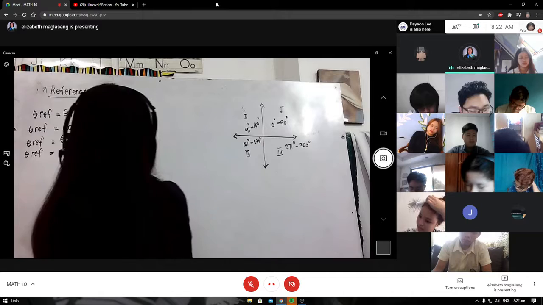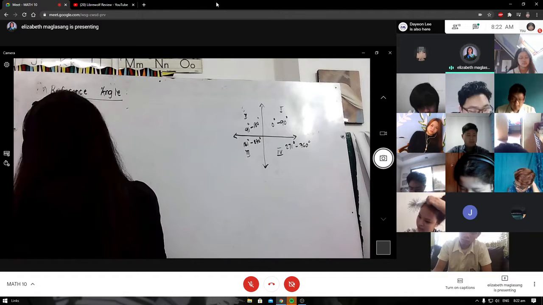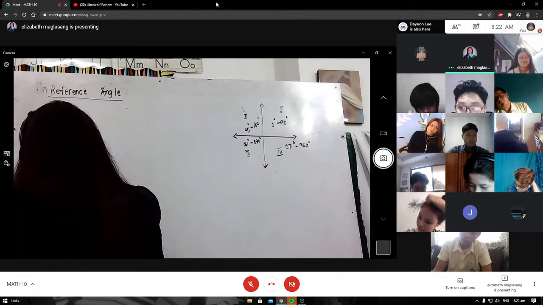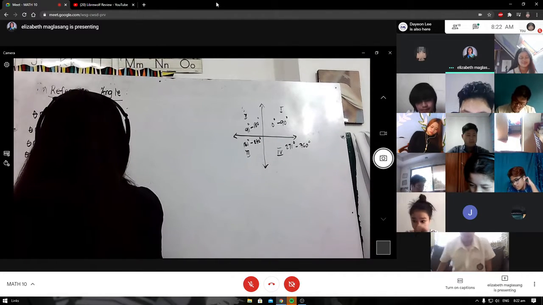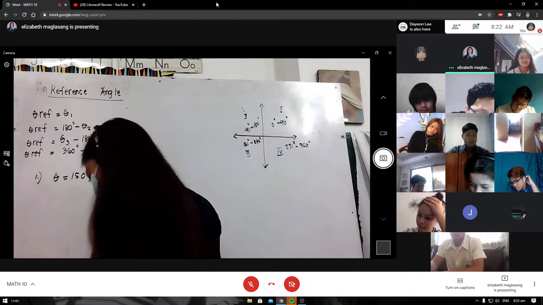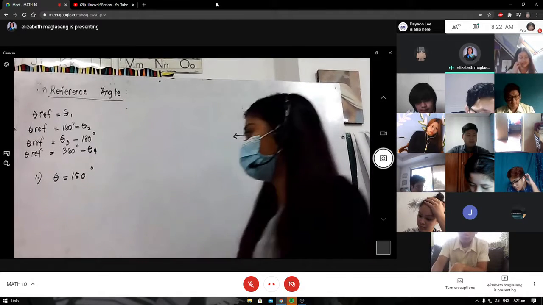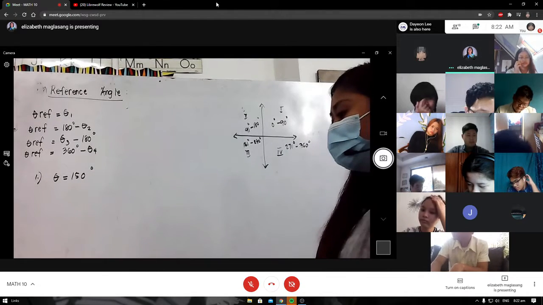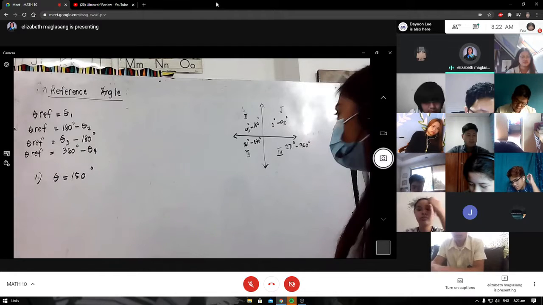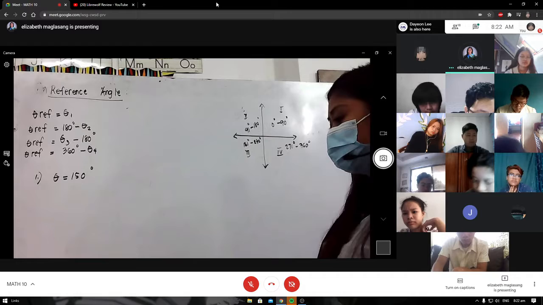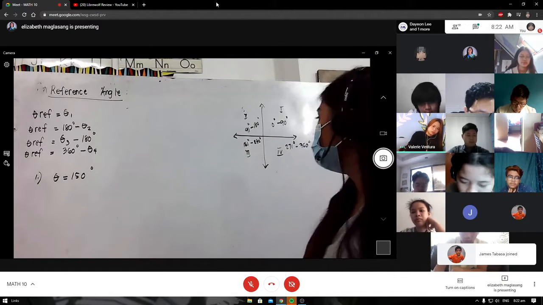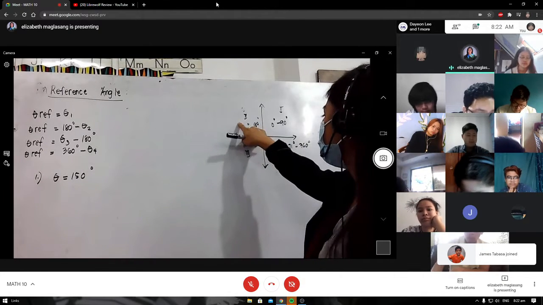Okay, so let's have an example. Let's say 150 degrees. Where does 150 degrees belong? Quadrant 1, quadrant 2, 3, or 4? Quadrant 2.